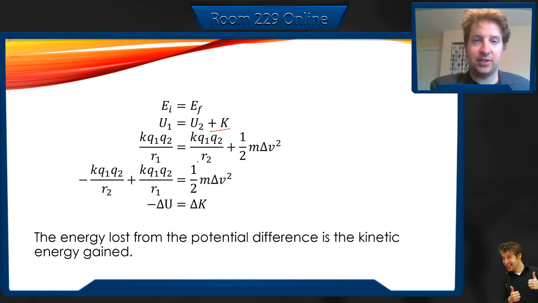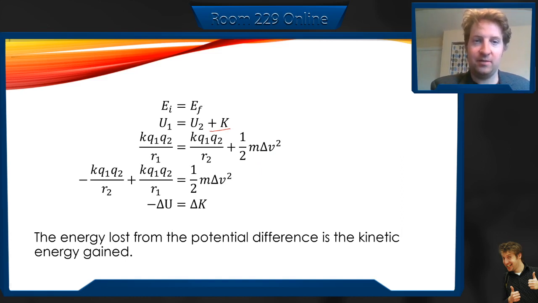And this is my potential energy afterwards when it's at a new position, r2, plus half mv squared. I'm going to use delta v here because we're talking about a change in velocity and a change in kinetic energy. Initially v1 equals 0, but we'll use this as our representation of the new velocity.